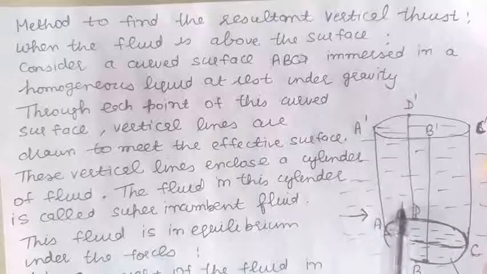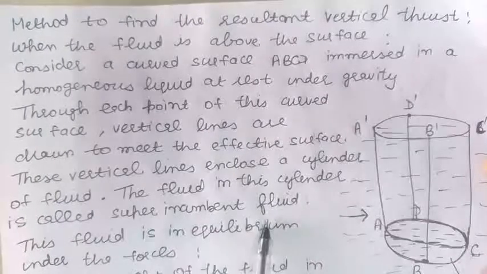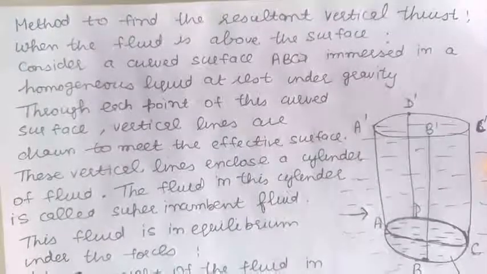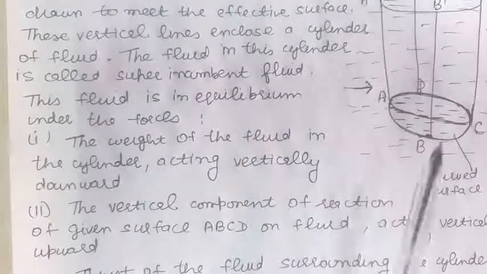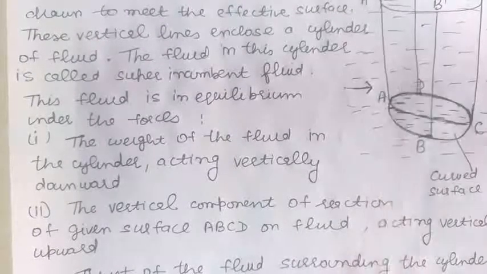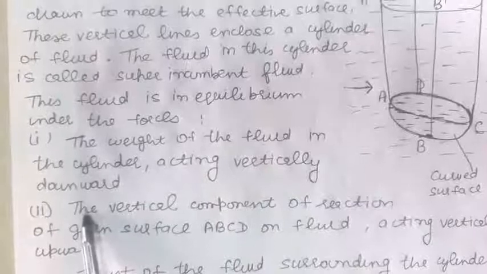The fluid in the cylinder is called superincumbent fluid. This fluid is in equilibrium under the action of forces. First force, the weight of this fluid in the cylinder, which will act vertically downward.